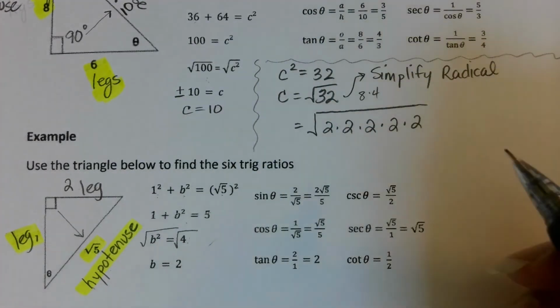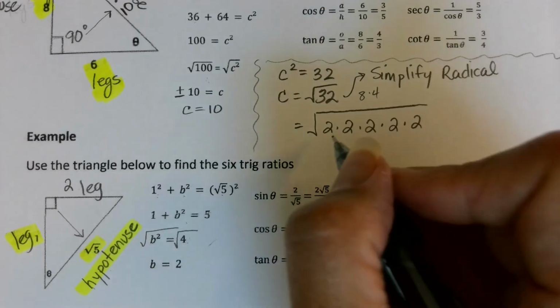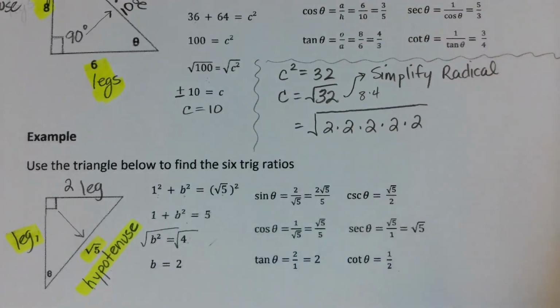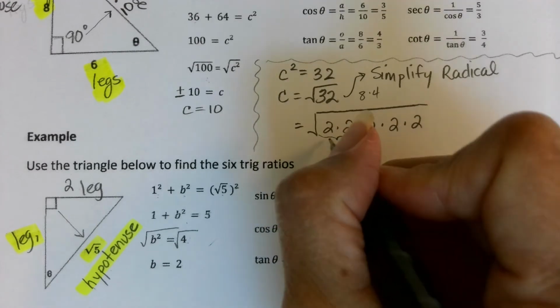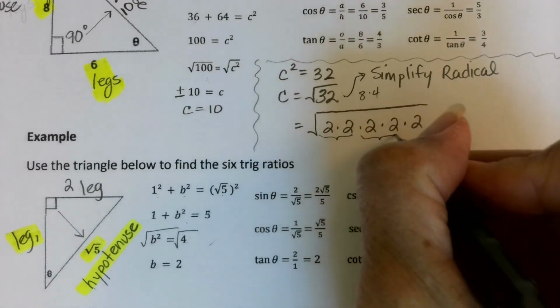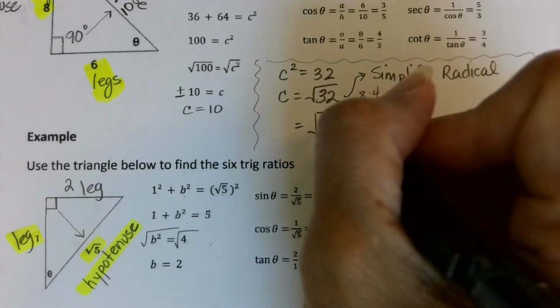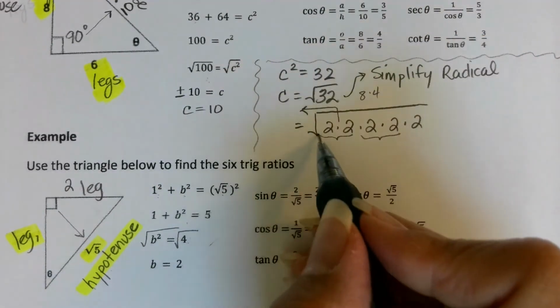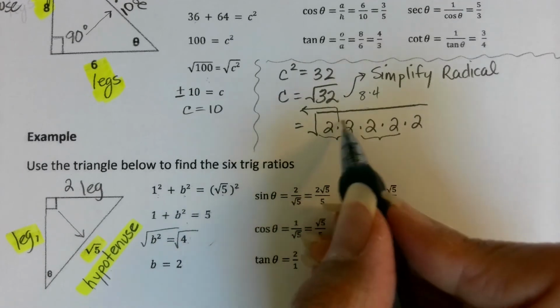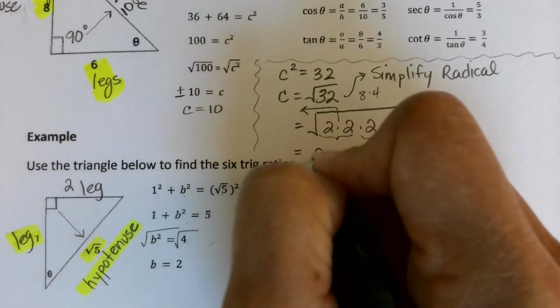Now, what I know is that if I take the square root of 4, I'm going to get a 2. So I love the fact that I'm going to take these pairs right here that are 4s, because if I take this square root of 4 out, I'm going to end up with a 2.